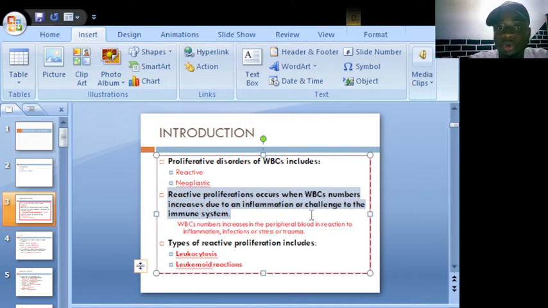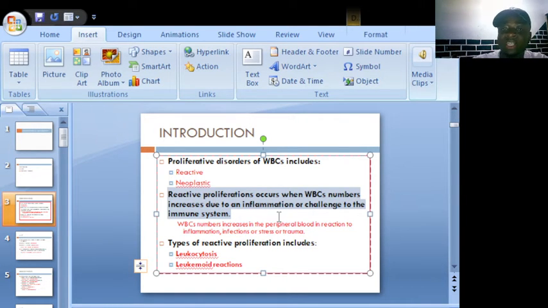So it is very important to know other factors that can cause increased level of WBCs, so that in your attempt to diagnose somebody with hematological malignancy, let's say leukemia, you don't confuse yourself. Maybe the high level of WBCs is possibly due to this inflammation or some challenge to the immune system. So you don't confuse the two.